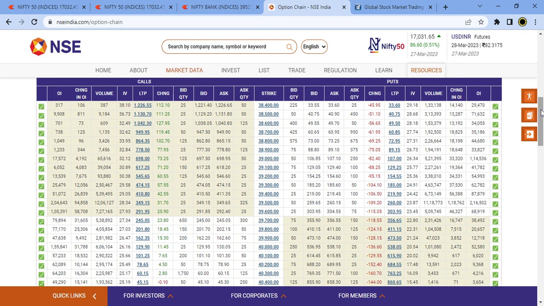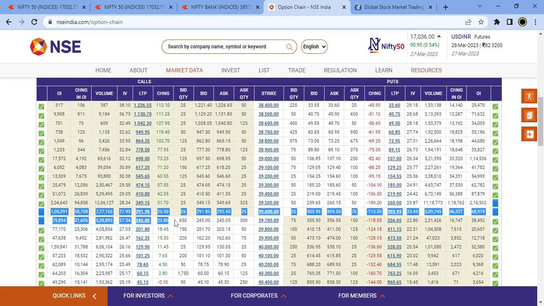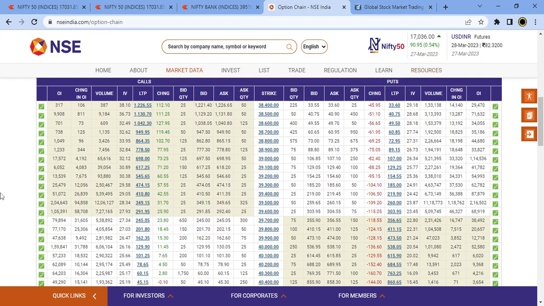Maximum calls and puts are written at these levels. At 39,500, calls are written aggressively by the net sellers, 2 lakh 4,000 and 2 lakh 16,000. So here, both the put options and the call options are written at this level.